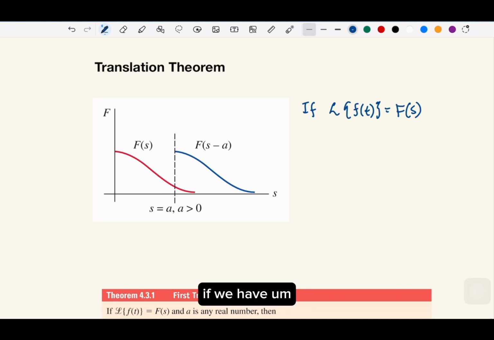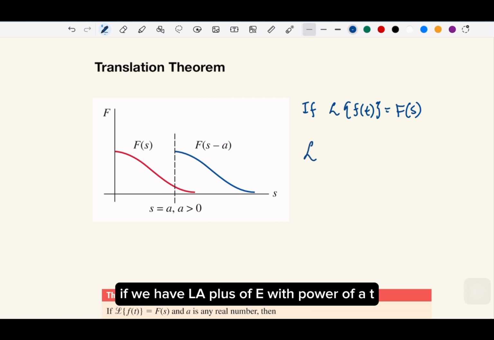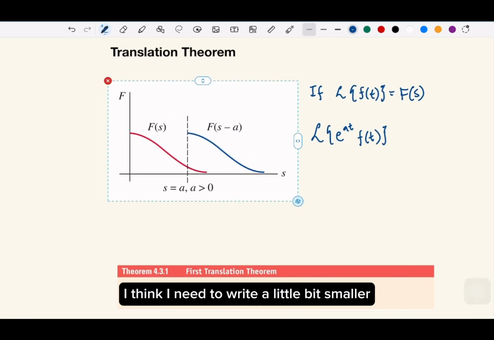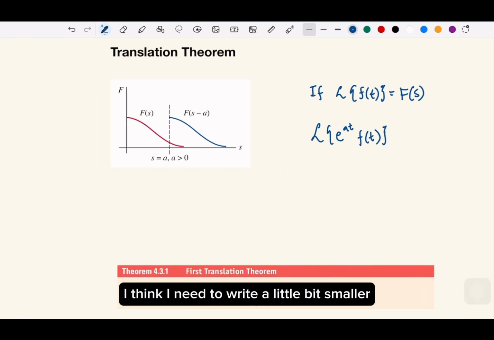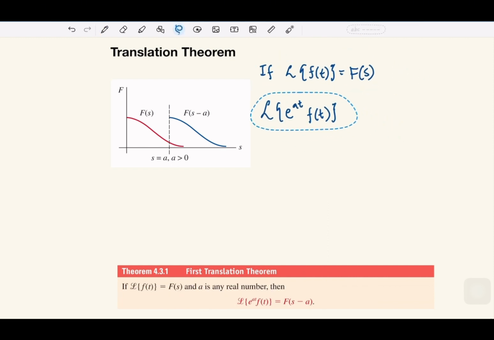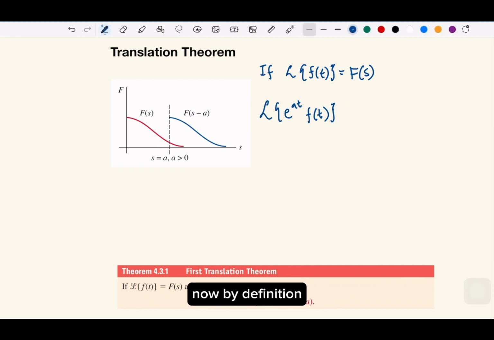Now based on this, for example, if we have the Laplace of e to the power of at multiplied by f(t), by definition we can start by taking the integration from 0 to infinity and then solve using the improper integral.